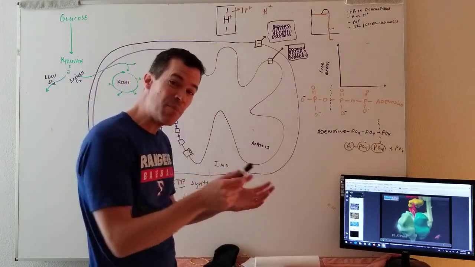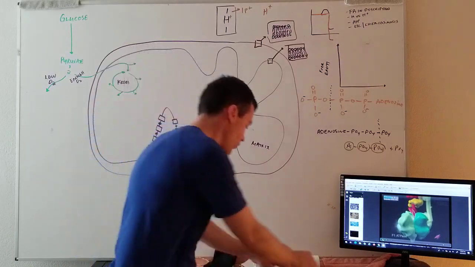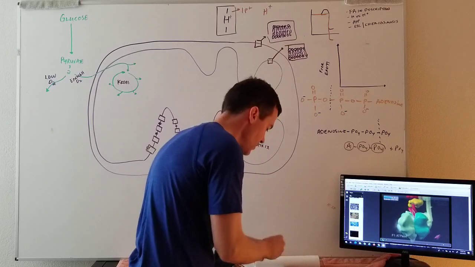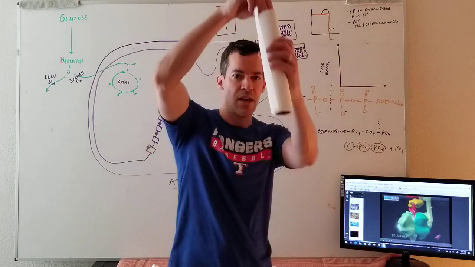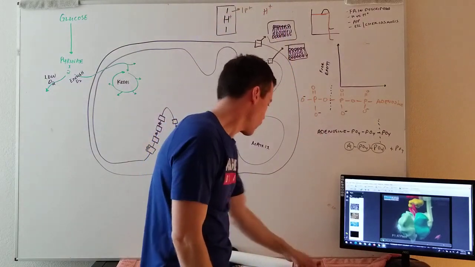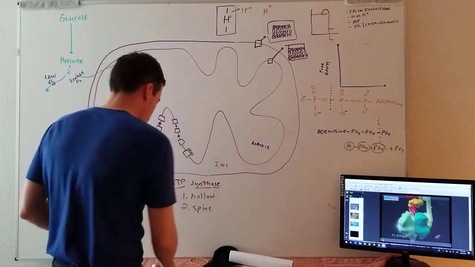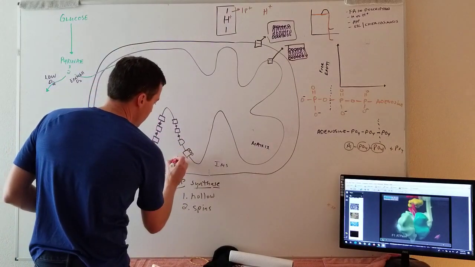It spins to join ADP and phosphate. And how do I get it to spin? Well, it's hollow. So whenever protons flow through this hollow ATP synthase, that'll force it to spin, and it makes ATP. Great. Okay, so the way that we want those protons to flow is this way.